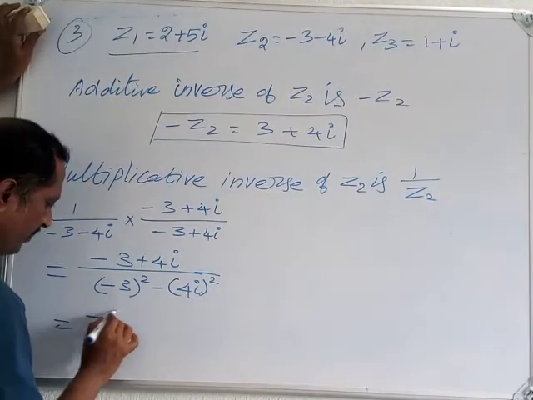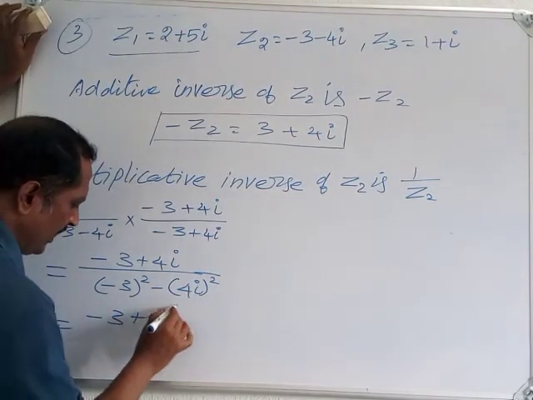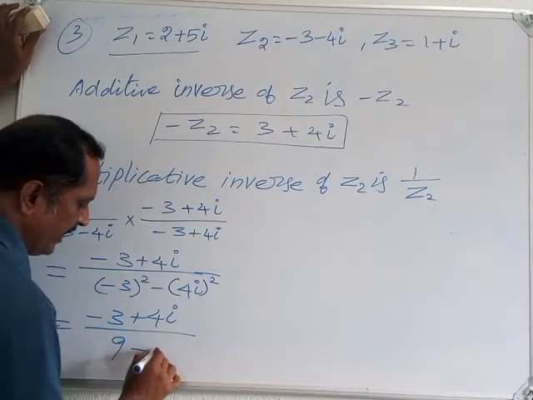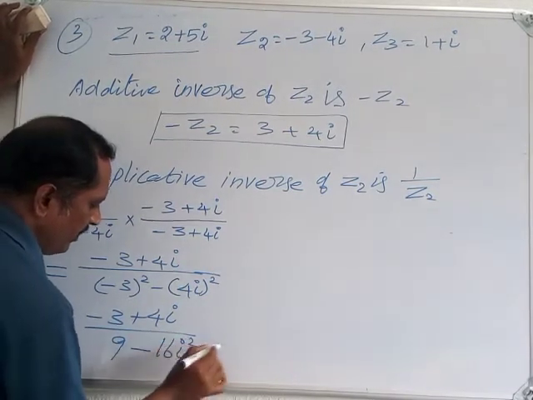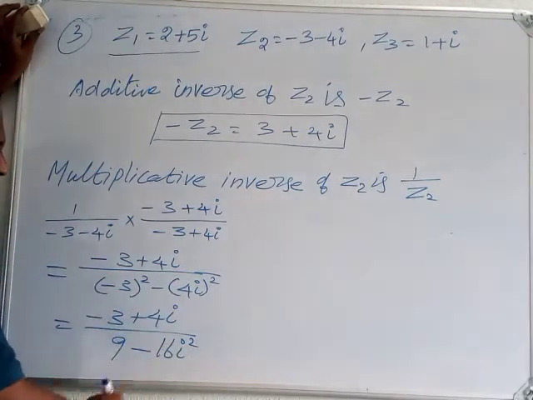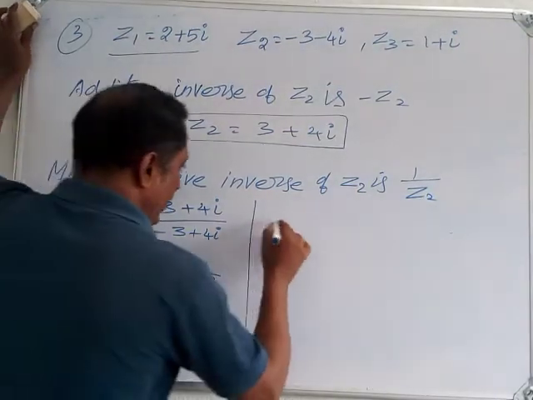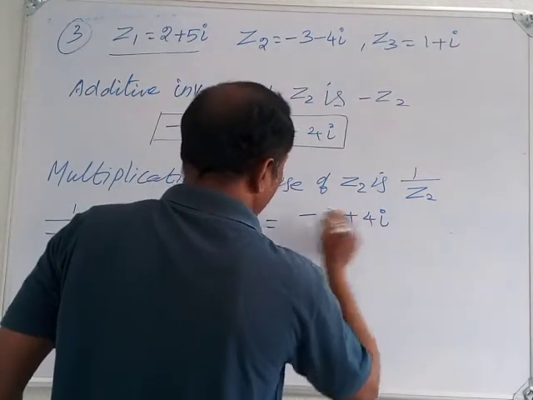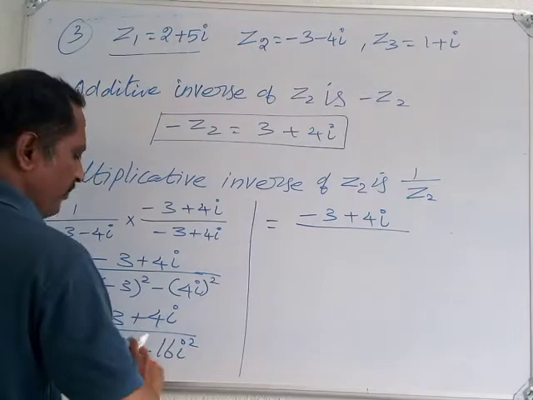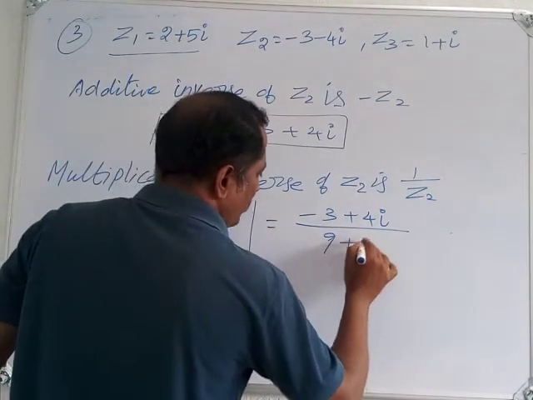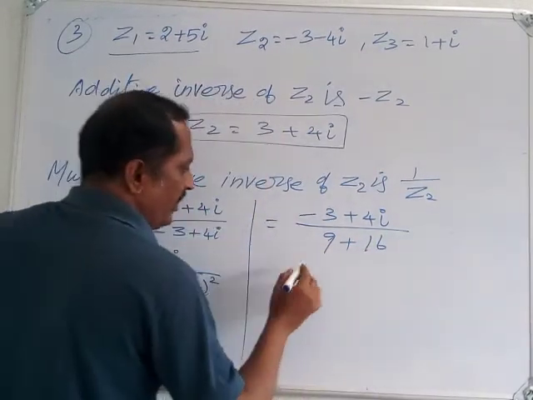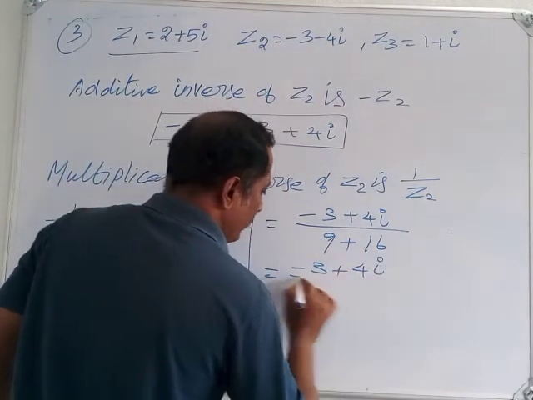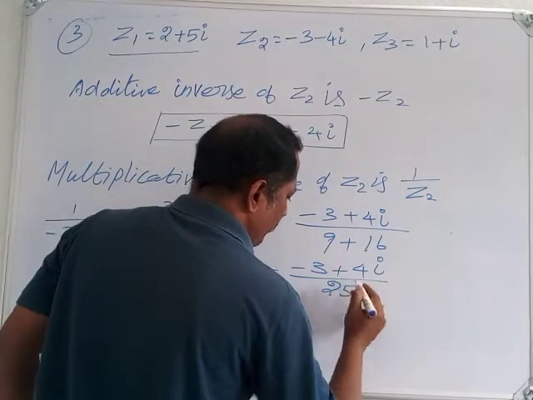So it is equal to minus 3 plus 4i divided by minus 3 the whole square is 9 minus 4i the whole square is 16i square, which is minus 3 plus 4i divided by 9, i square is minus 1, so plus 16, which is minus 3 plus 4i divided by 25.